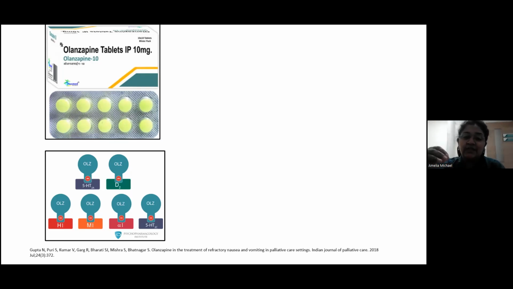And as ma'am said, olanzapine is a good second-line medicine, mainly because though there are many receptors for nausea and vomiting that we have discussed, olanzapine seems to block most of them, and hence you have the relief. Many times, everybody in India, if we ask anybody what's your favorite antiemetic, everybody says Emiset, ondansetron, because it's at the end of your hand.